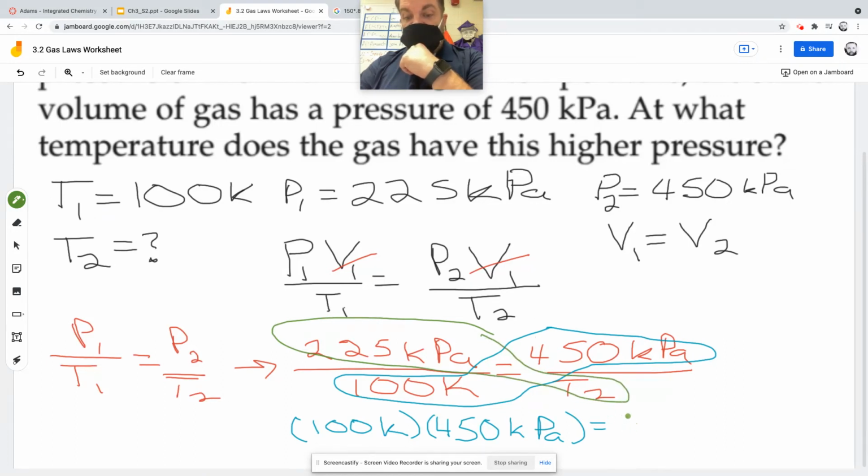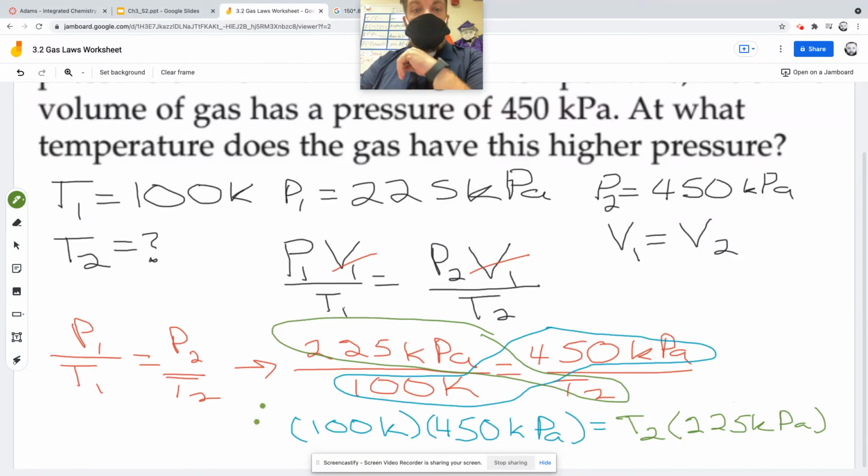That's how you solve a proportion. And we're going to say T sub 2 times 225 kilopascal. Okay? You guys with me on that?